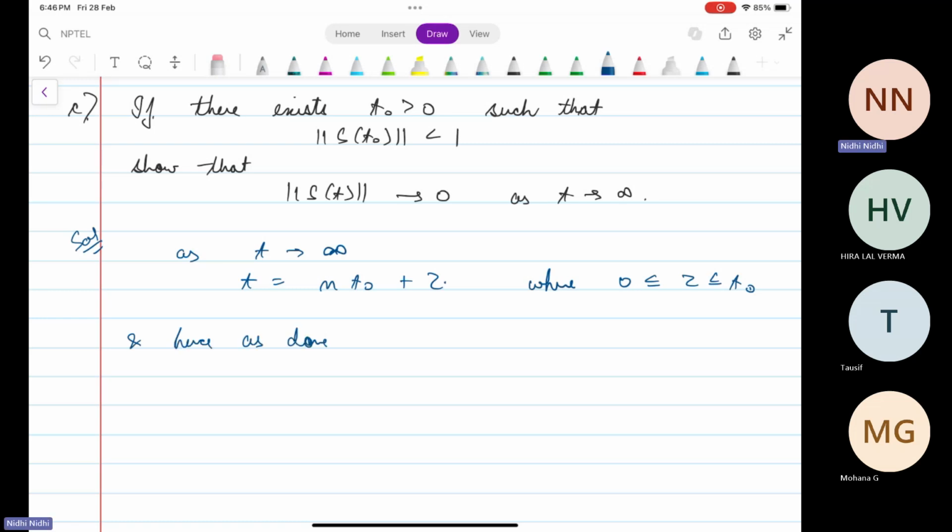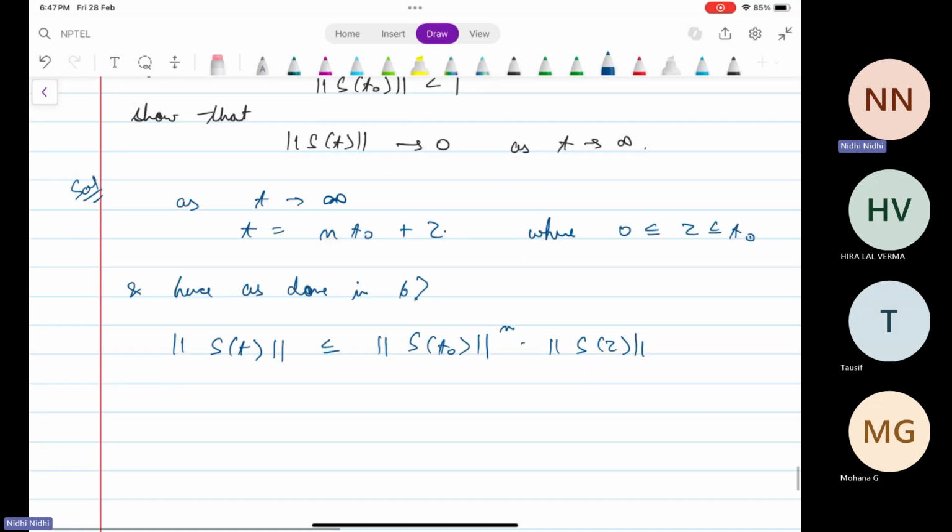As done in part B, we get norm S(t) less than or equal to norm S(t naught) to the power n times norm S(tau). Now, since this tau is fixed and norm S(t naught) is strictly less than 1, this tends to 0 as n tends to infinity.